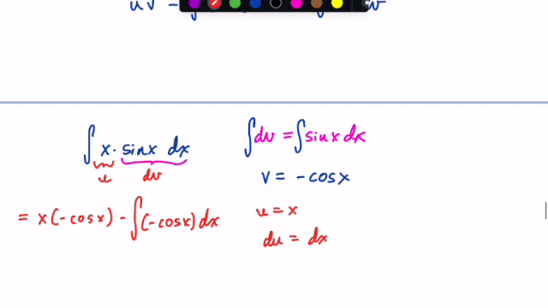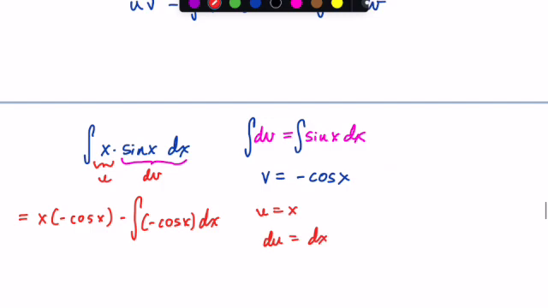Everybody loves e to the t dt, because the antiderivative of e to the t is just e to the t. E to the t is everybody's favorite function when it comes to deriving and antideriving because it doesn't change. More importantly here, if u was t squared, du is 2t dt.